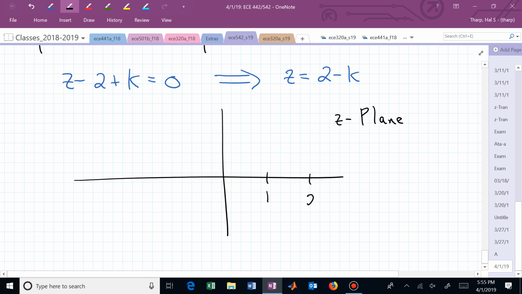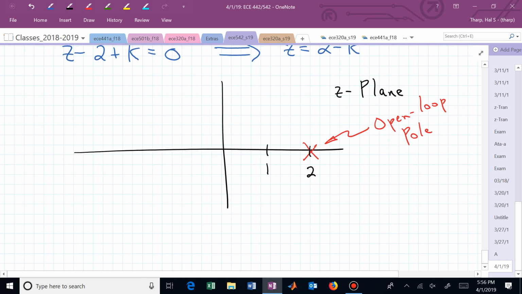Let's say here's 1 and here's 2. If we had a pole at 2, that's the open loop pole location. And that's in fact where we are when k is equal to 0.